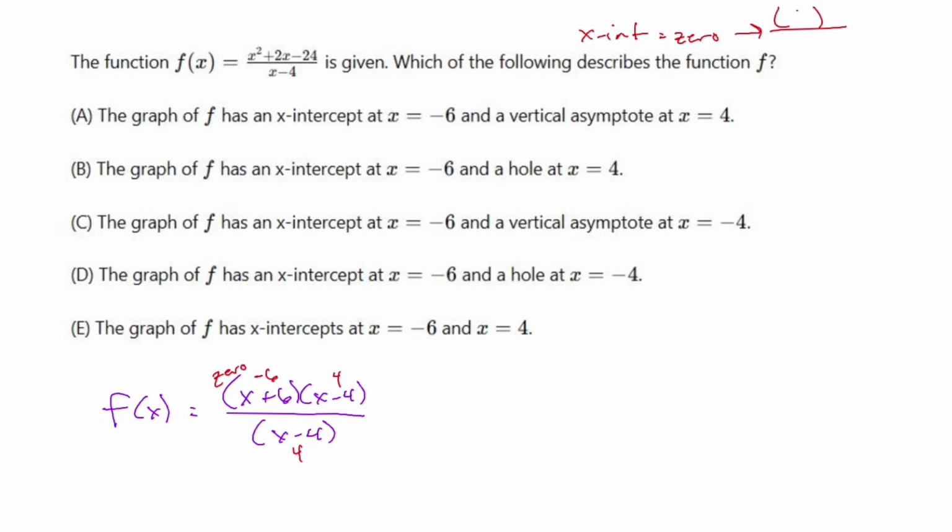A hole exists where you have a factor upstairs that's the same as a factor downstairs, which means a hole is going to exist at 4. What we don't have is a vertical asymptote. Those exist when you have a factor on the bottom that's nothing like a factor on the top. The only thing we have is an x-intercept at x equals negative 6, and a hole at x equals 4.